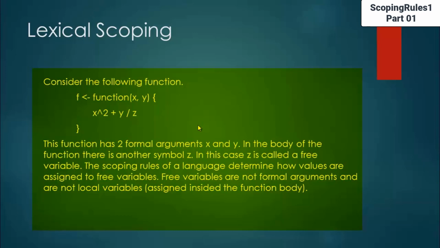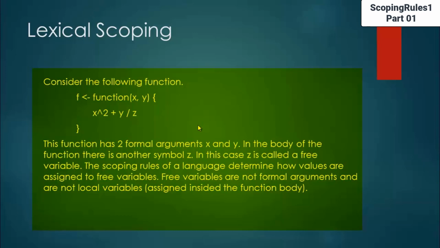In the body of the function there is another symbol, z. In this case you call z a free variable. The scoping rules of a language determine how values are assigned to free variables. They determine the scope of each and every variable.